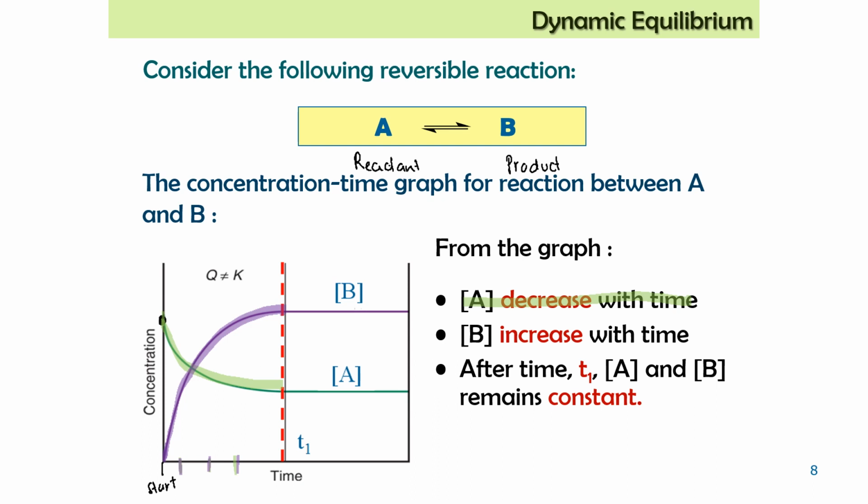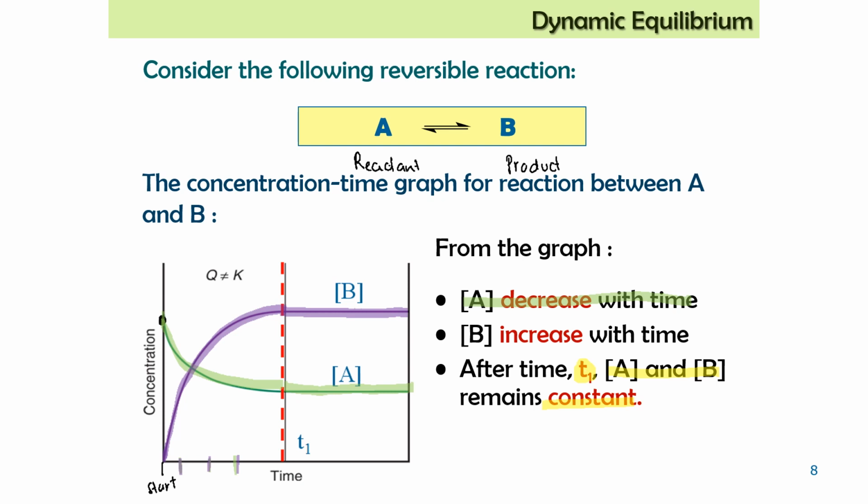You can see at a certain point, or at a certain time, the concentration of A and B will remain constant. You can see here, it becomes flat like this. The concentration of A after this point will also become constant.